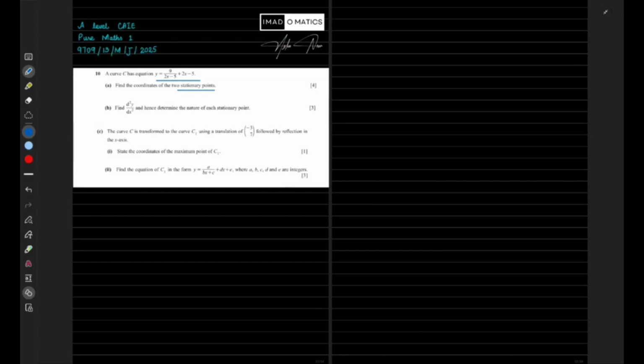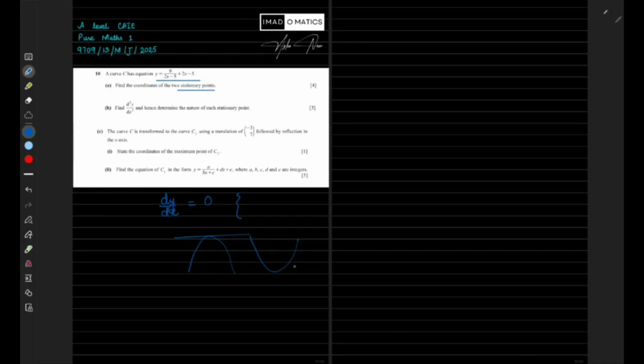So whenever we have stationary points, what do we do? We differentiate the equation and put this equal to 0 to get the coordinates of the stationary point. Because if your curve is like this or like this, what is dy by dx? It is actually the gradient of the tangent.